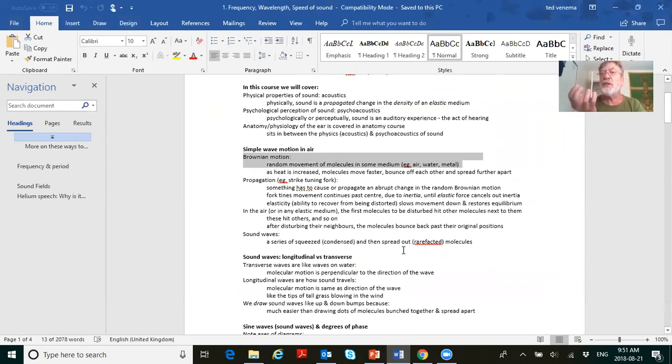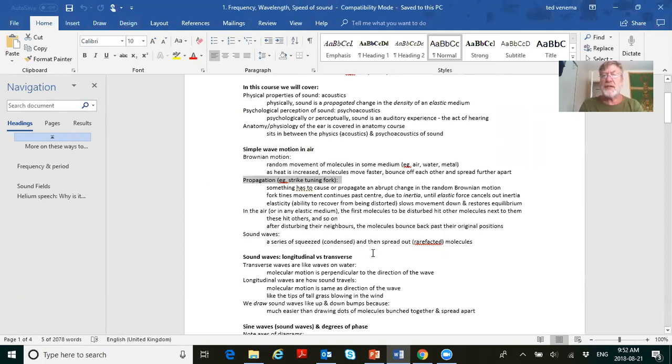Okay, the thing through which sound travels is called a medium. Okay, so the medium can be air, it can be water, it can be metal. Now, as heat is increased, the molecules tend to move faster anyway, and so sound waves tend to travel a little faster through heat than they do through frigid cold air. But no, don't worry about that.